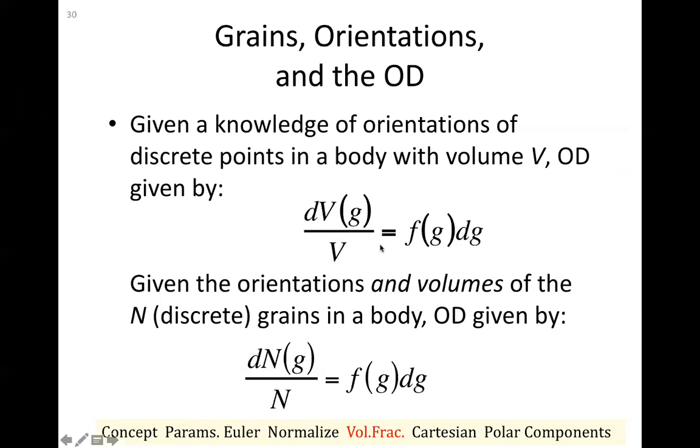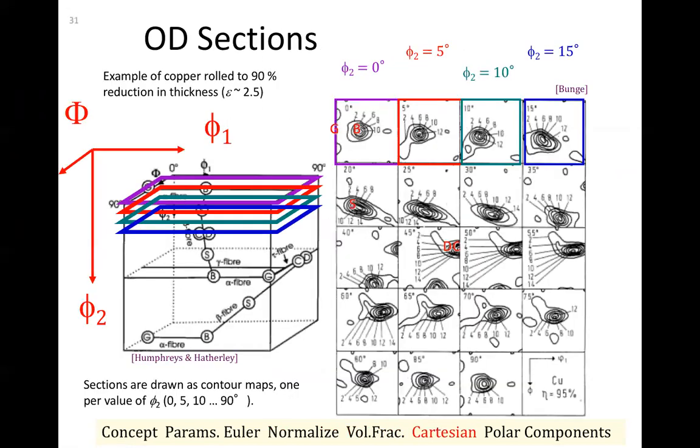So this gives me an actual probability. F of dg is a probability. We can also do that with number of discrete grains in the sample. Essentially, what's the probability that a random grain I pick is going to have the orientation that I'm interested in?